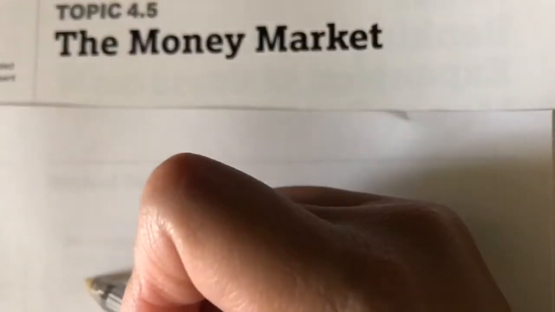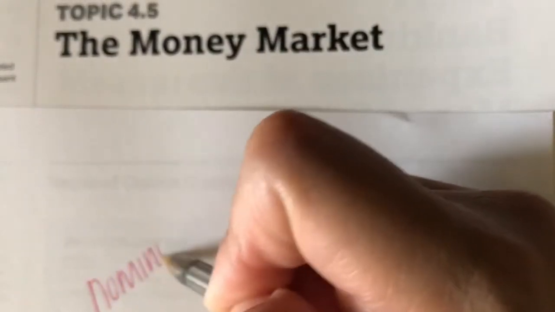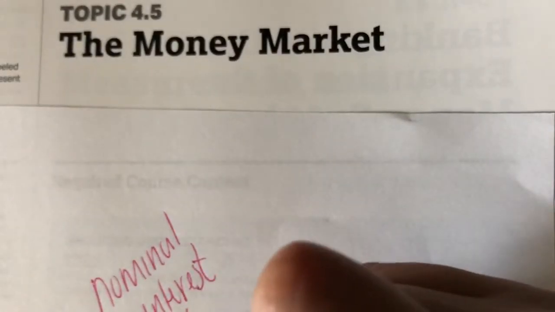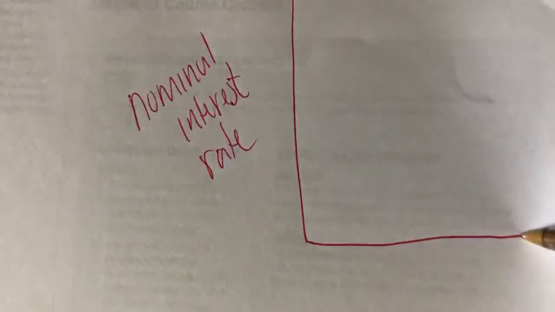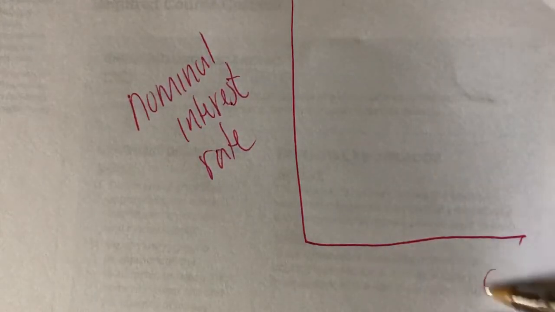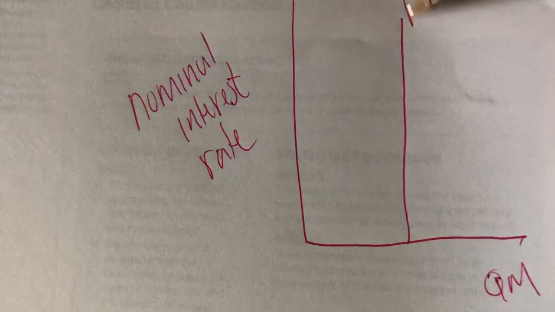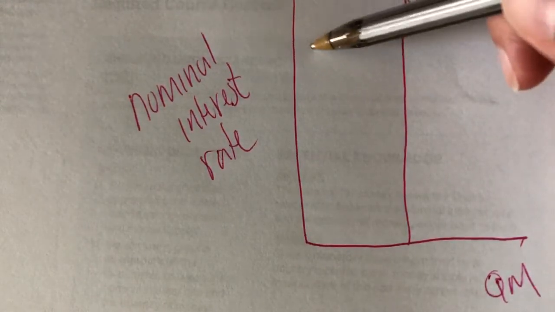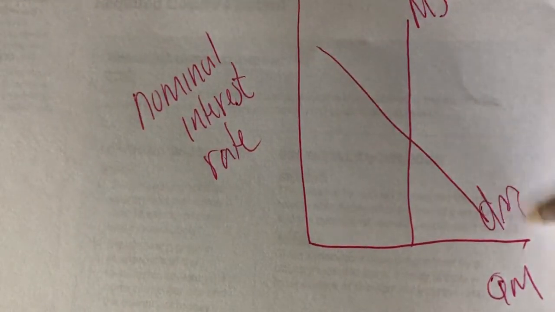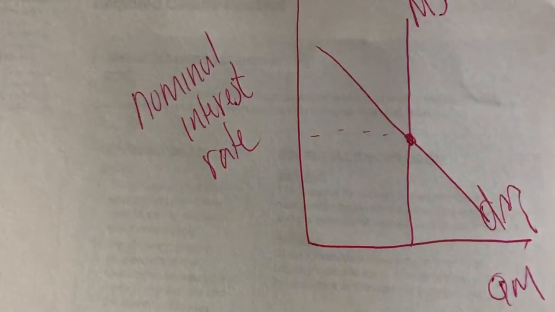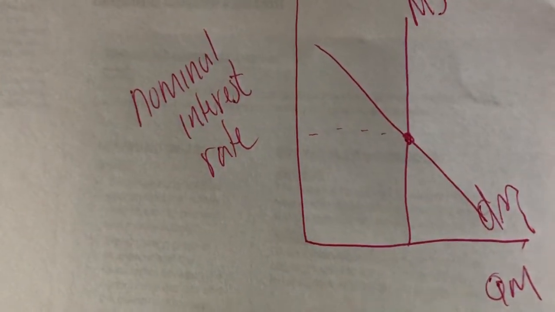Here is the nominal interest rate, and the nominal interest rate is what we borrow at. And this is the quantity of money. We know my money supply is constant. This is the money supply, and this is the demand for money. And right here where it intersects, that gives me the interest rate. This is my money market, okay?